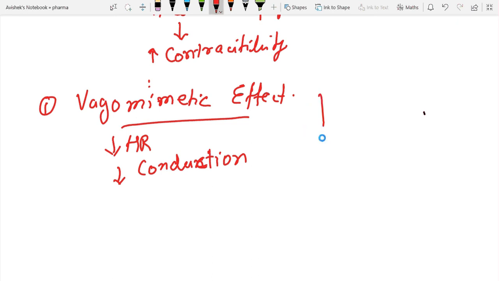So that's why this is used in the disease atrial fibrillation.